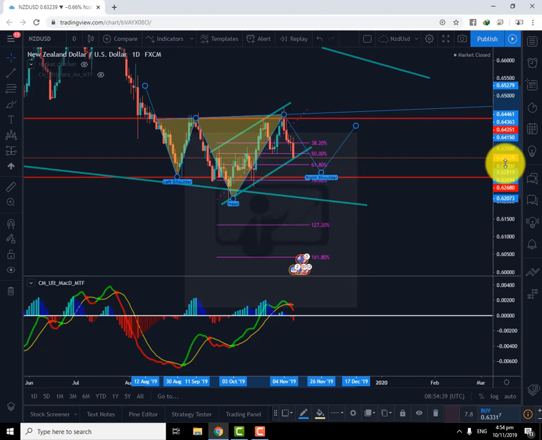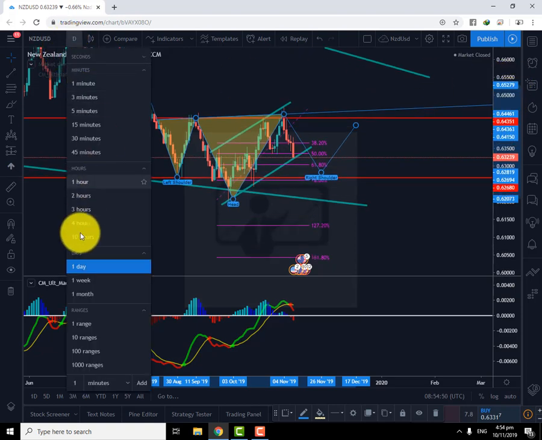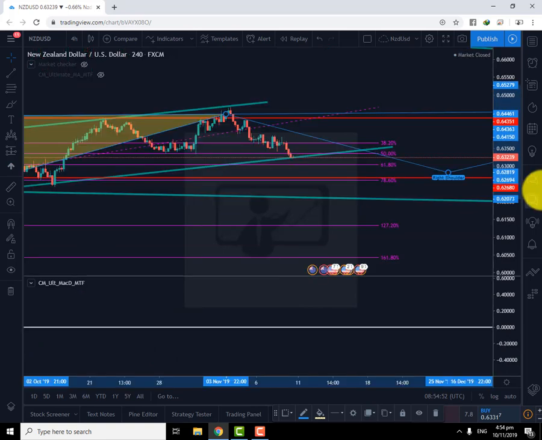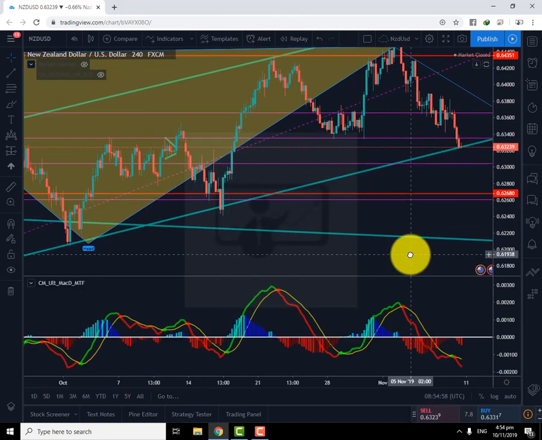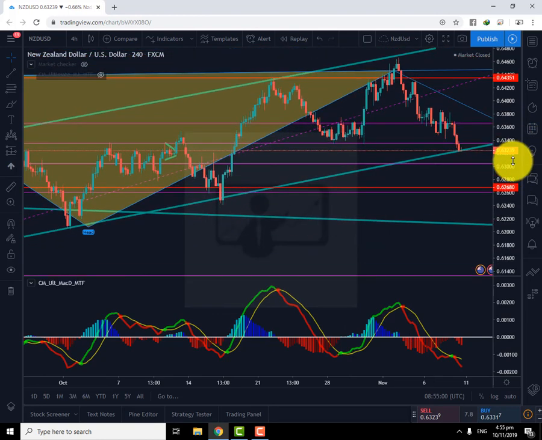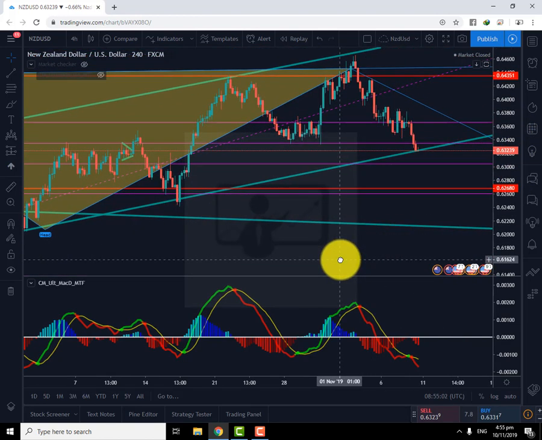So that is why, once I have spotted a pattern and the support and resistance on the daily time frame, I go for the 4 hours. And in the 4 hours, here again, I could see another pattern forming.